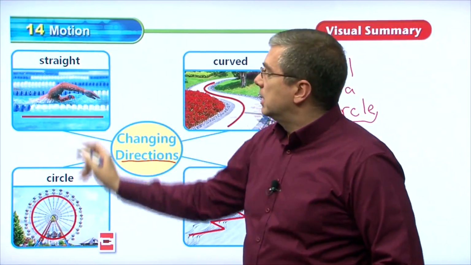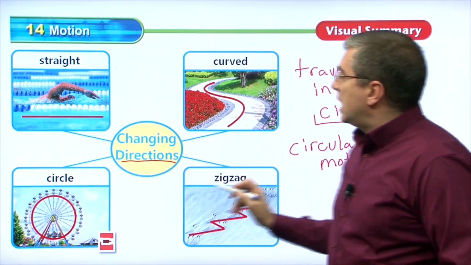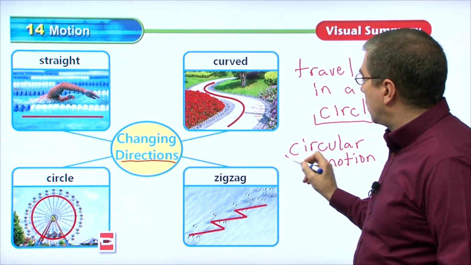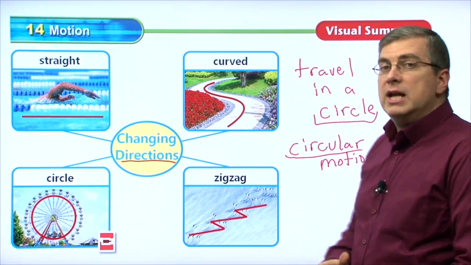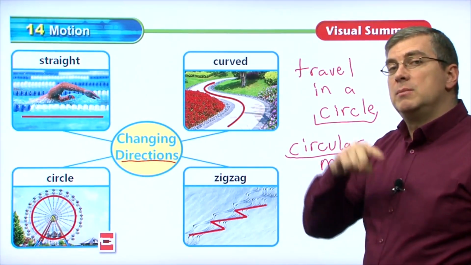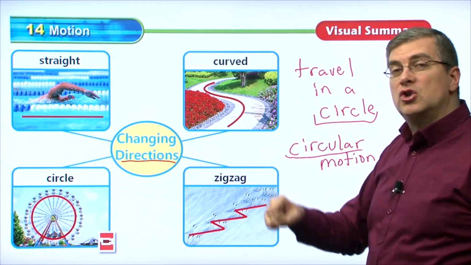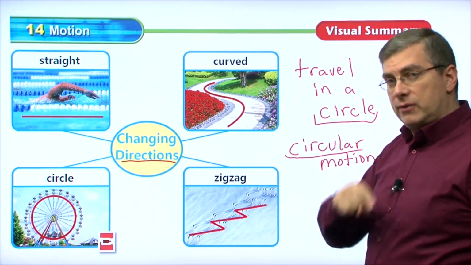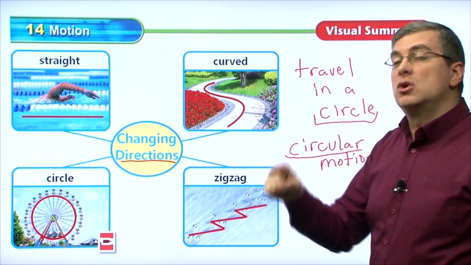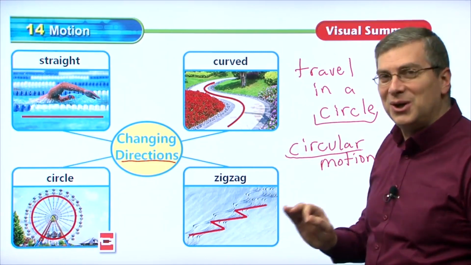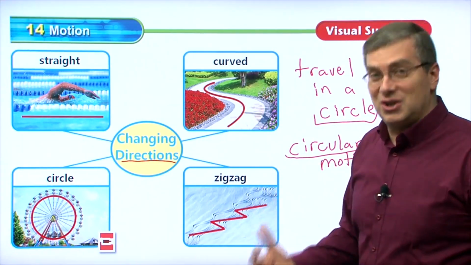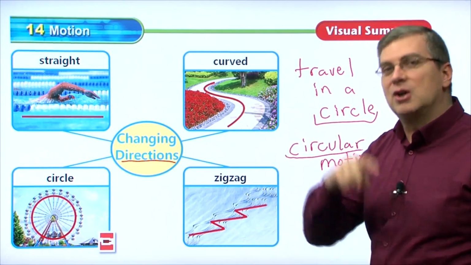Our idea of motion, circle is a noun, but we change circle to adjective form and we have circular. Circular motion means to go in a circle or travel in a circle. Let's say it together, circular motion, circular motion.